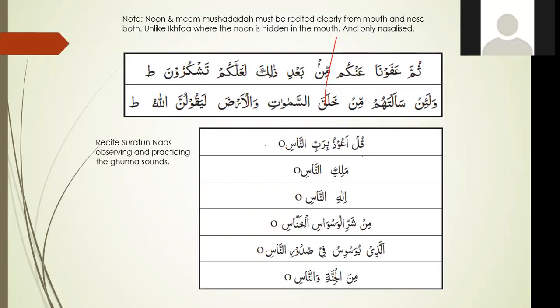Can I try, please? Yes, go ahead. Bismillahir Rahmanir Rahim. قل أعوذ برب الناس ملك الناس إله الناس من شر الوسواس الخناس الذي يوسوس في صدور الناس من الجنة والناس.